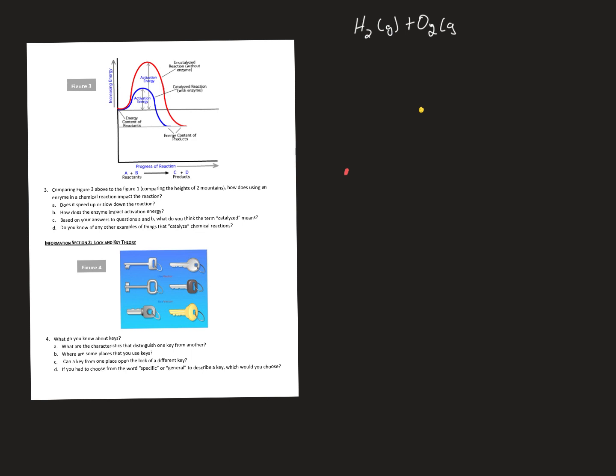We did this with our battery. When we did electrolysis, we broke apart hydrogen and oxygen. We put it back together, and what we made was water. It's not balanced. If we were going to balance it, we would put a 2 as a coefficient in front of the H2 and the H2O.